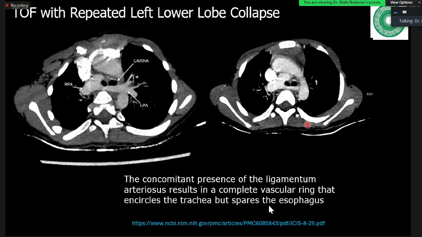And the concomitant presence of ligamentum arteriosus results in a complete vascular ring that encircles the trachea but spares the esophagus.